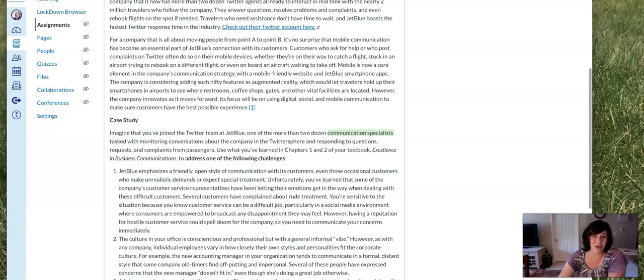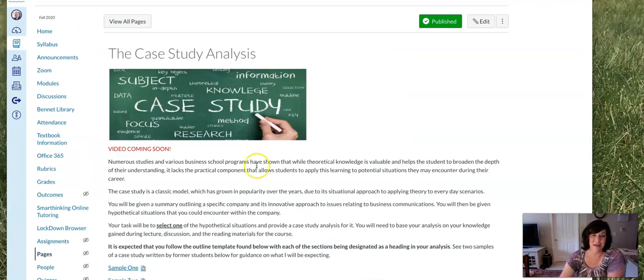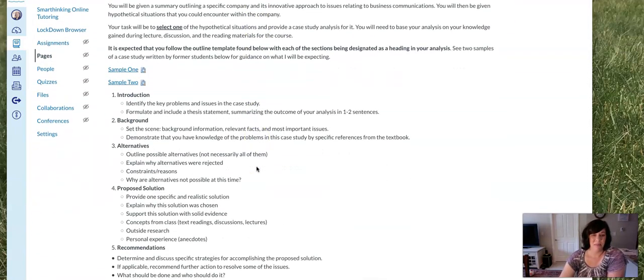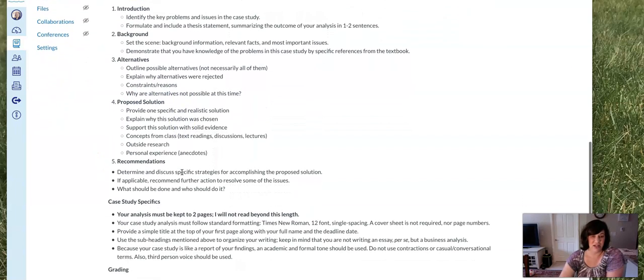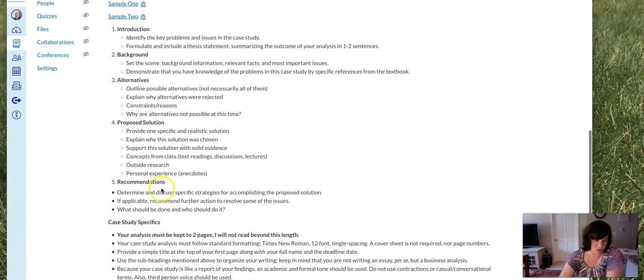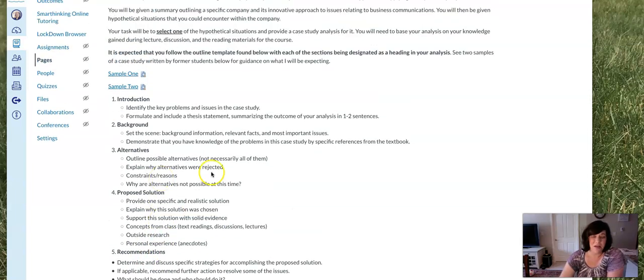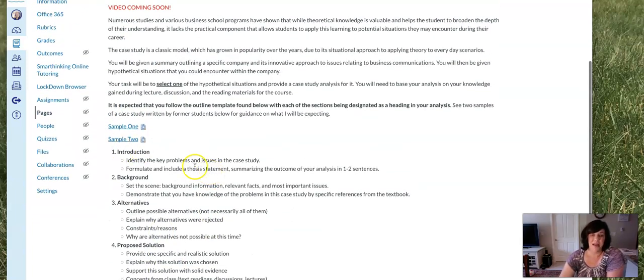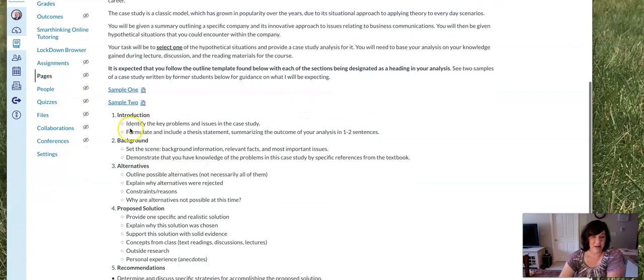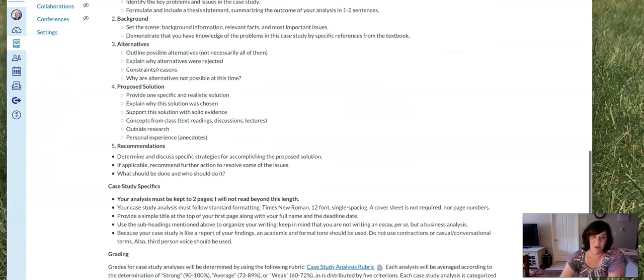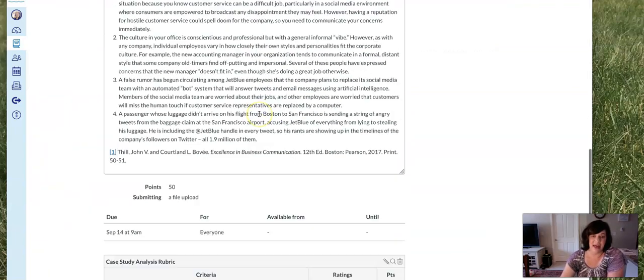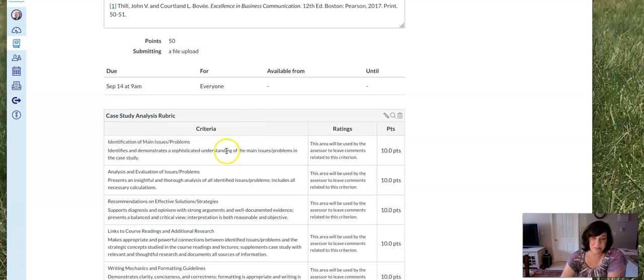Again, you're going to incorporate introduction, background, alternatives, proposed solution, recommendation, and so on. If you just follow the outline here and try to put in as many of the sub-bullets as you can, you will do fine. Again, if you are curious, you can look at the rubric here.